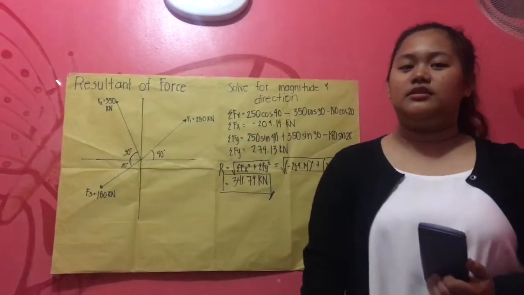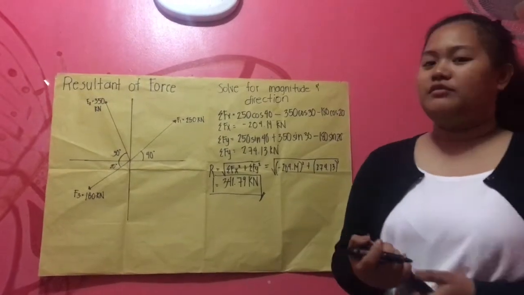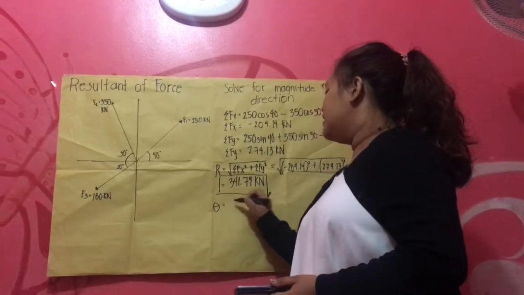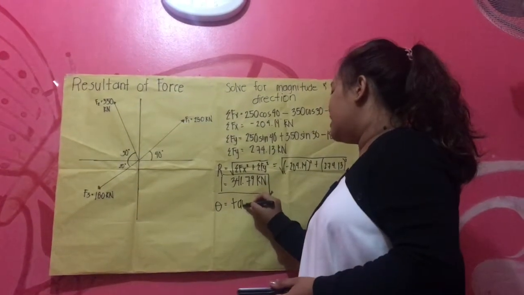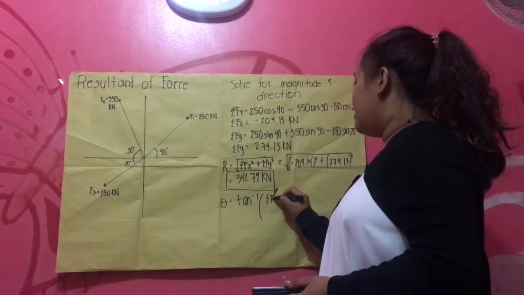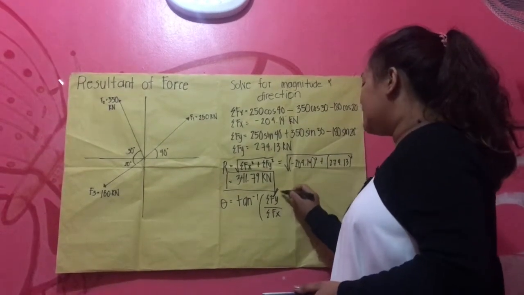After getting the resultant, we get the direction. For the direction, we have the formula theta equals the inverse tangent of the summation of y over the summation of x-axis.